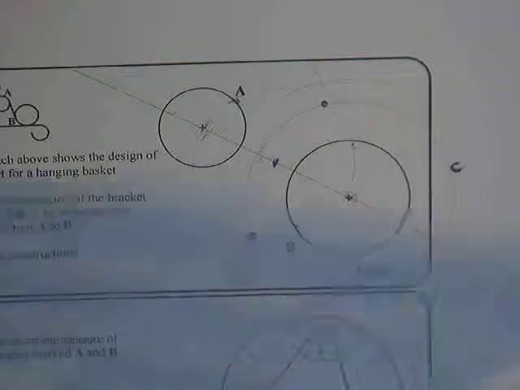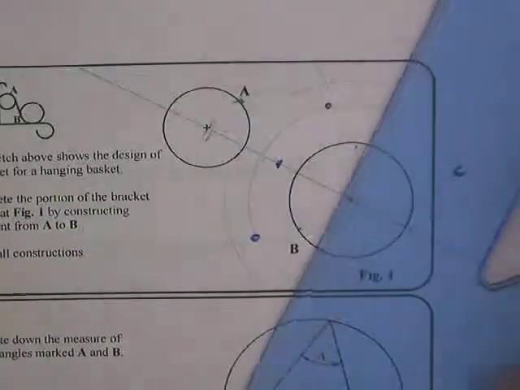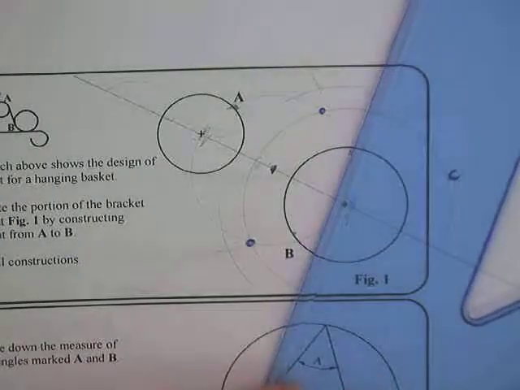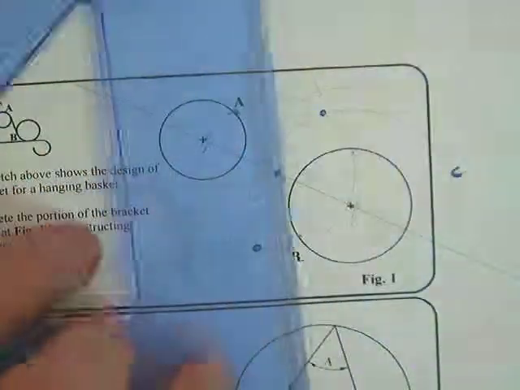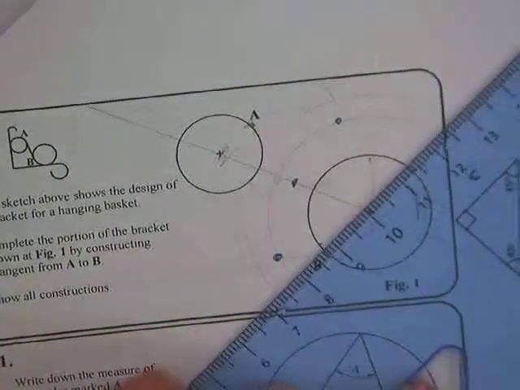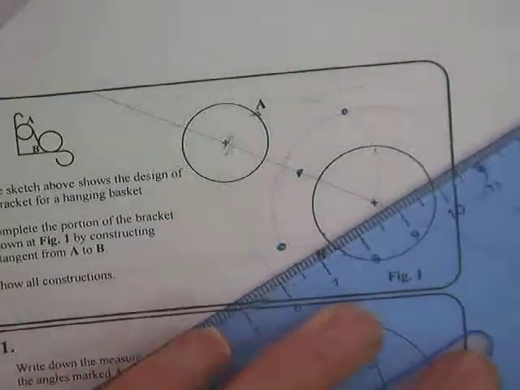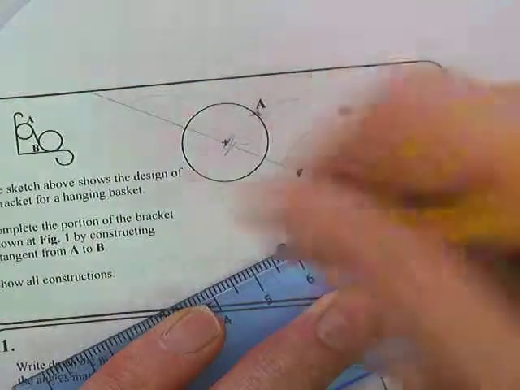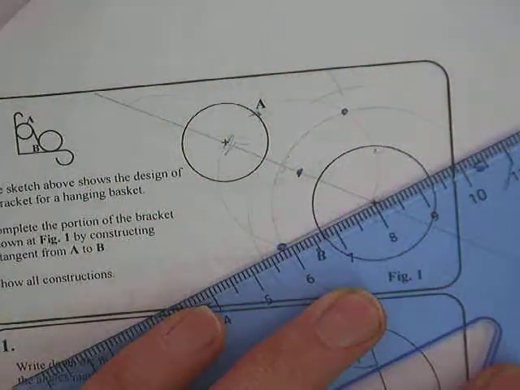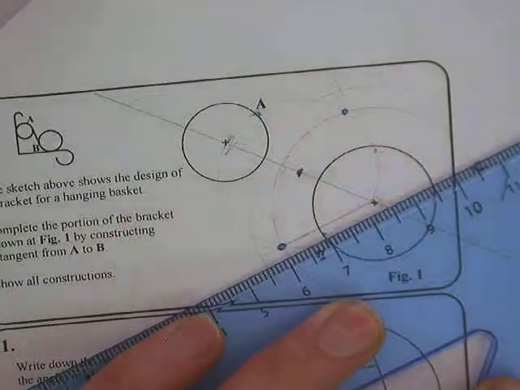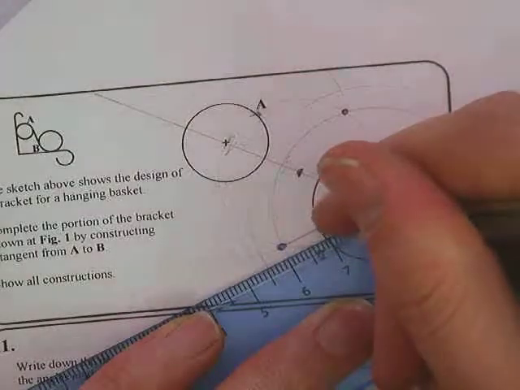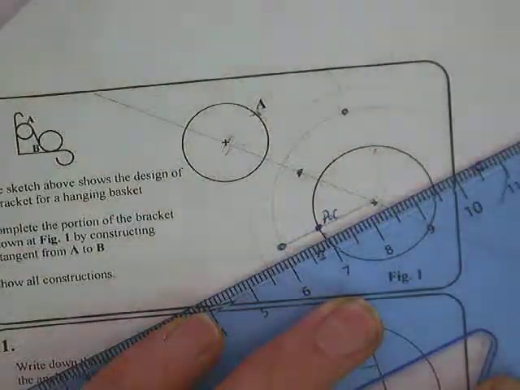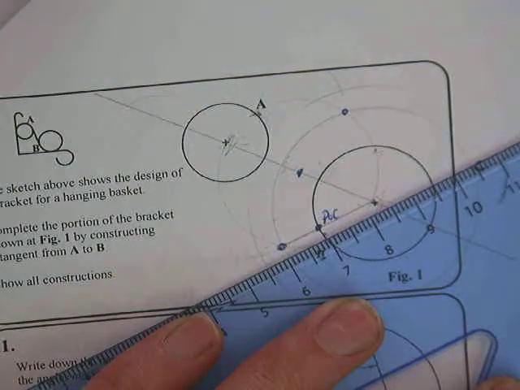So, what I now do is, I join, let's see, from that point then to the center of our circle, okay? And which is going to be our point of contact? That's going to be my first point of contact there, alright?